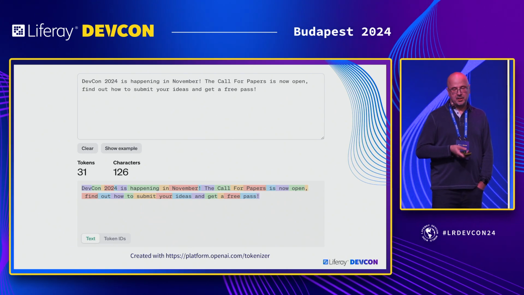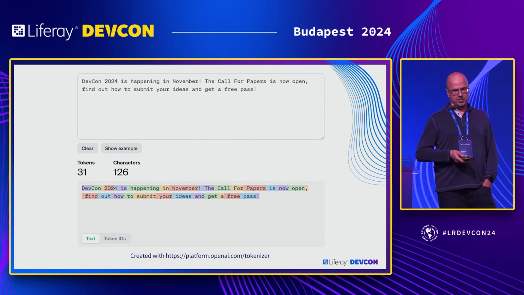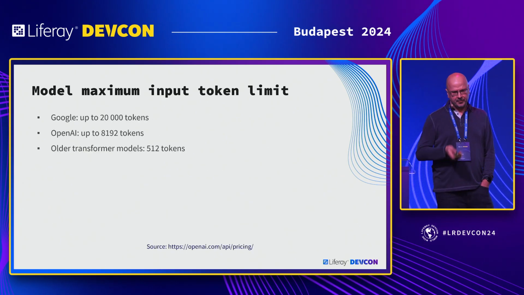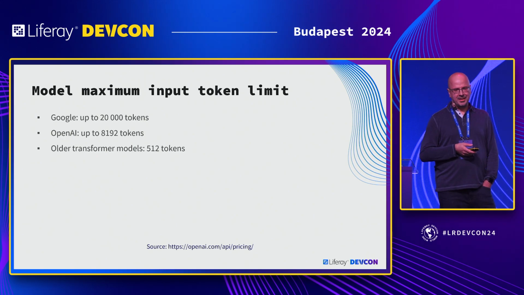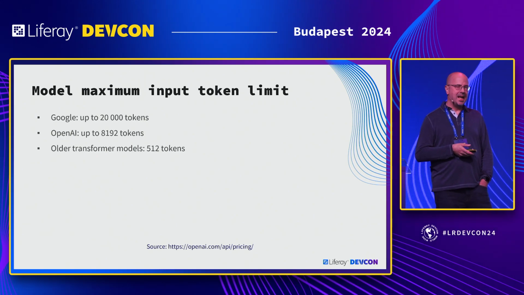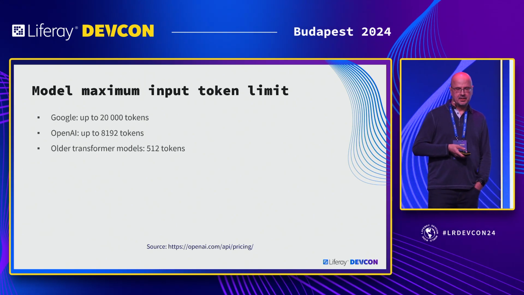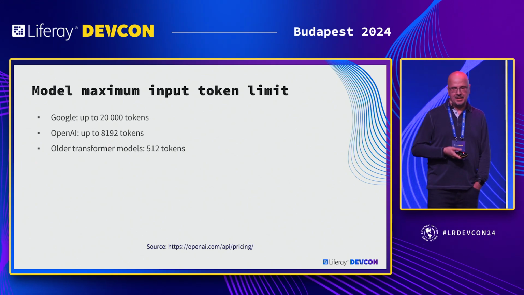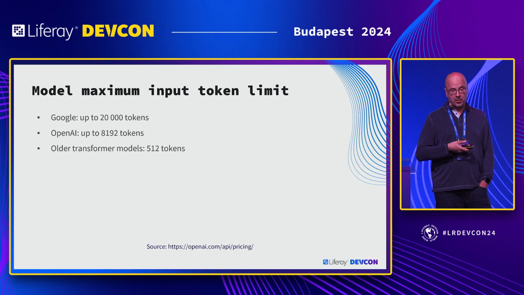Why am I talking about tokens here at all? For 2 reasons. First, each model has an upper limit to how many tokens it can handle at once. So translated, there's a limit to how much text it can take as input for creating our embedding.